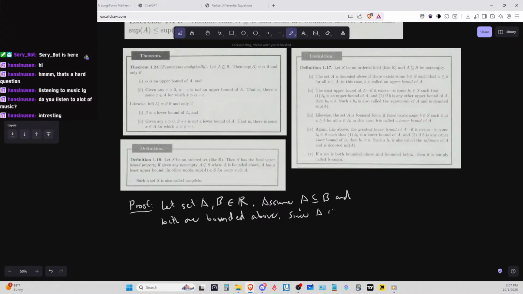Since A is bounded above, there exists A in B such that X is less than or equal to A for all X in A.